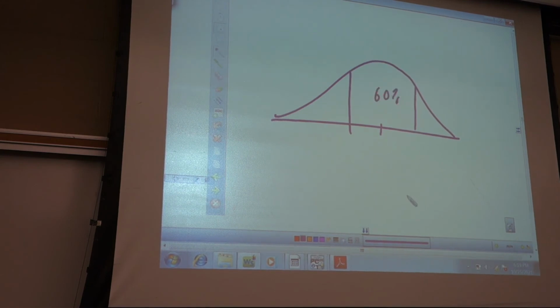Then you know the rest of it must be 40%, 20% here, and 20% there. You could do it that way. But unless it's perfectly centered around the zero, you can't solve it otherwise.